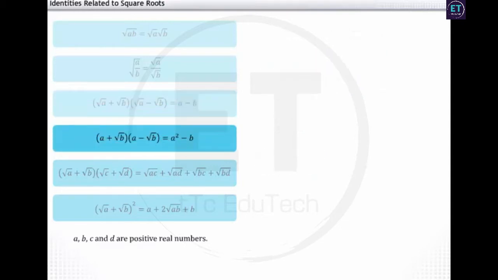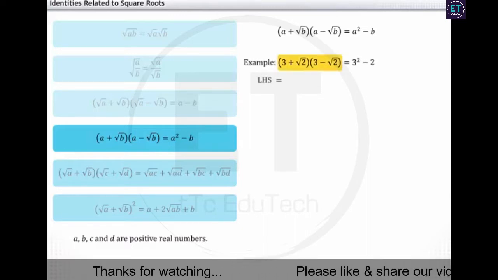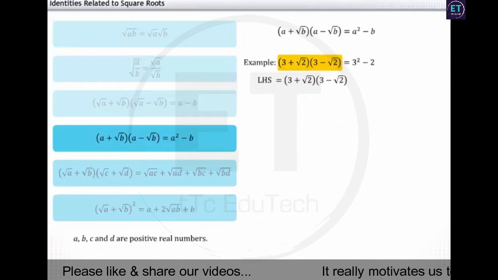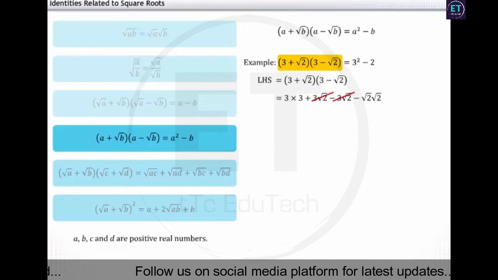The fourth identity is A plus the square root of B multiplied by A minus the square root of B is equal to A square minus B. Now, we'll verify this by using an example. Let's first simplify the left-hand side of the example. Now expand the expression. These two terms get cancelled.